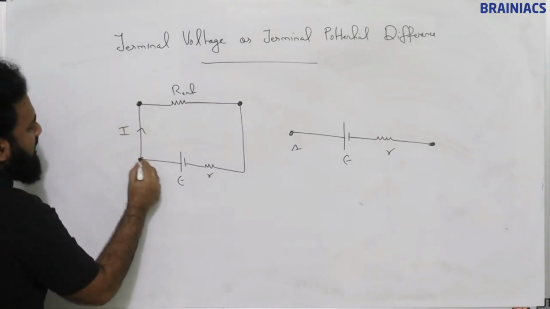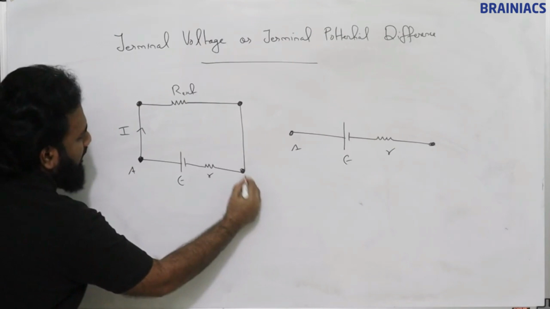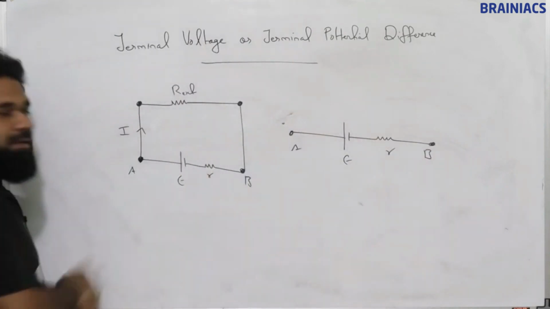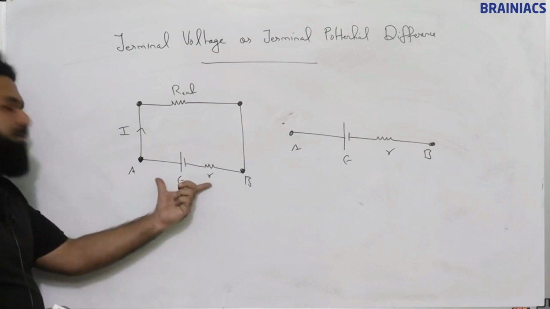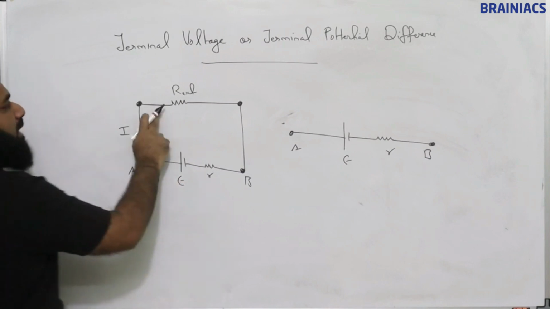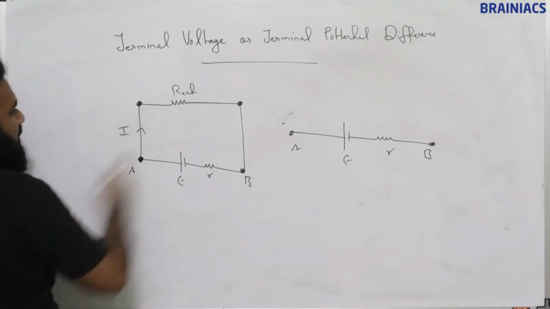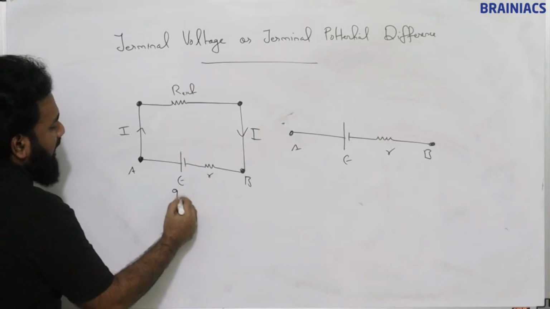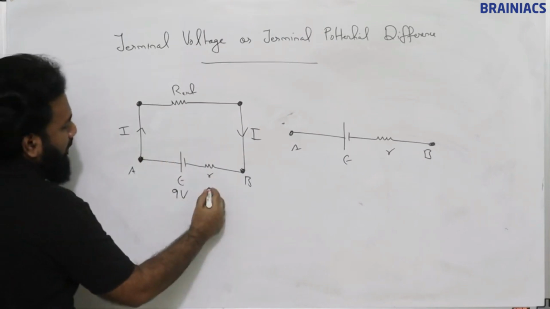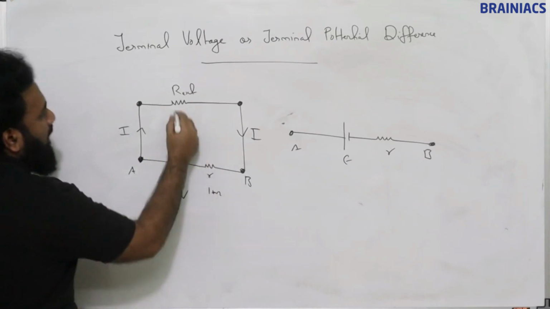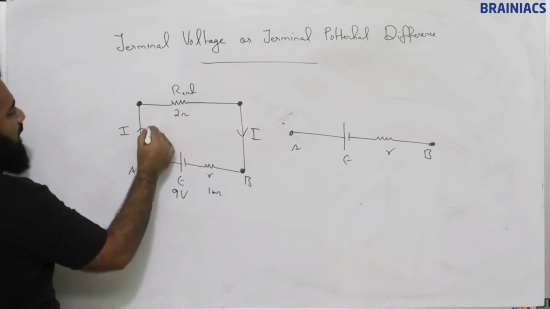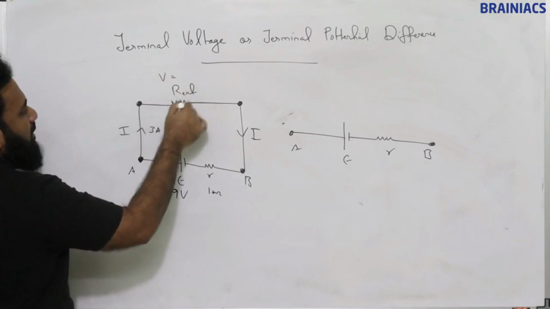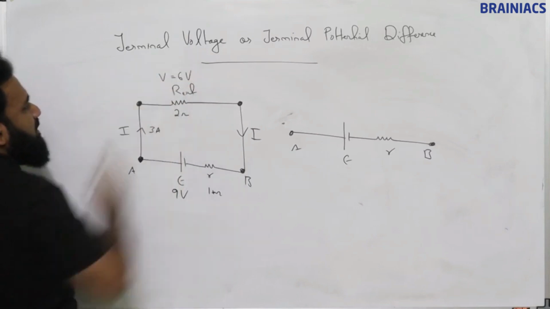Now when no resistance is in between, we can say this is A and this is B. Here it is A and this is B. So these are the same terminals. The only difference is that an external resistance is connected, so current will flow. Same example we have taken. This is 9 volt. If this is 1 ohm and this is 2 ohm, what will be the current flowing? 3 ampere. So the voltage across this 2 ohm is going to be 6 volt.